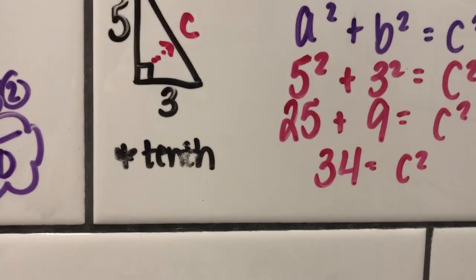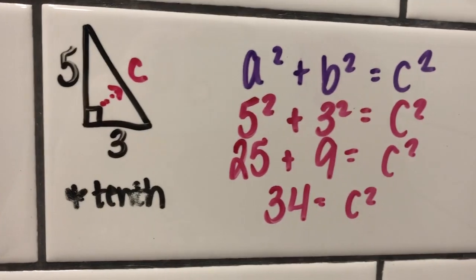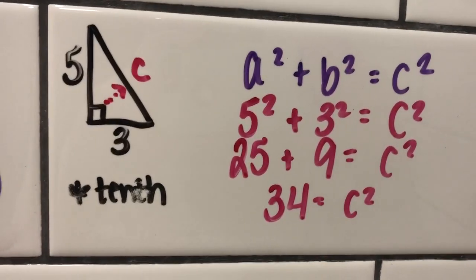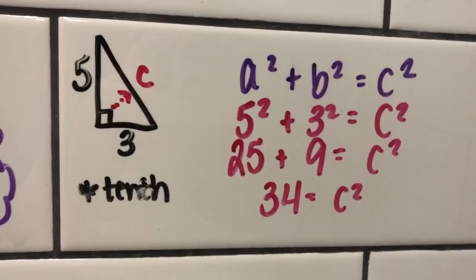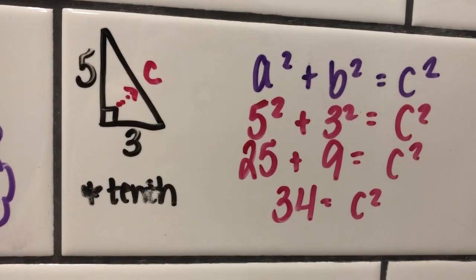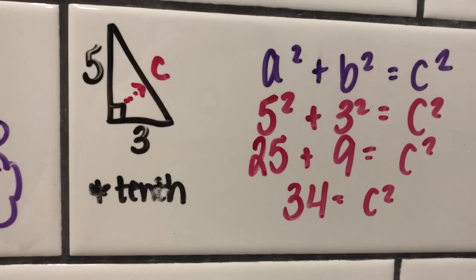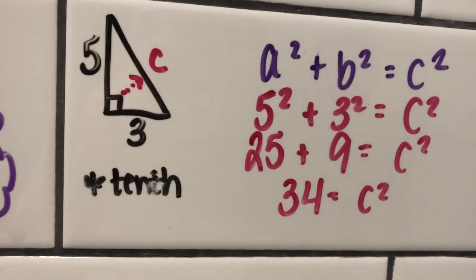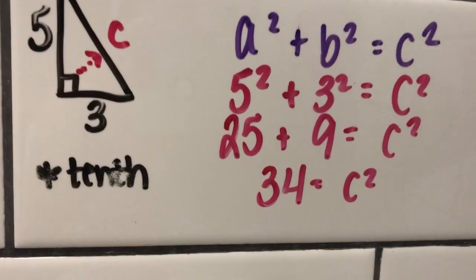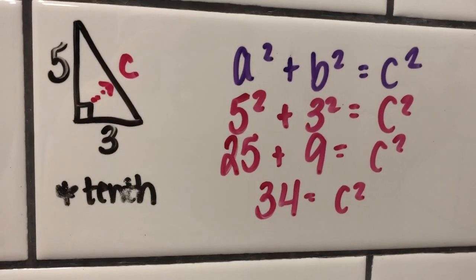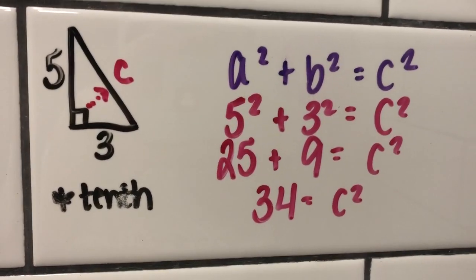Now at this point, it's asking you to round to the 10th. Sometimes you will not have a calculator for this, and you guys know how to do that from the estimating radicals video last week, when you had to figure out along your perfect square number line where 34 fell. So you would be looking in between 25 and 36 and do it out that way. Because we already learned that, to save time, just type it into your calculator.